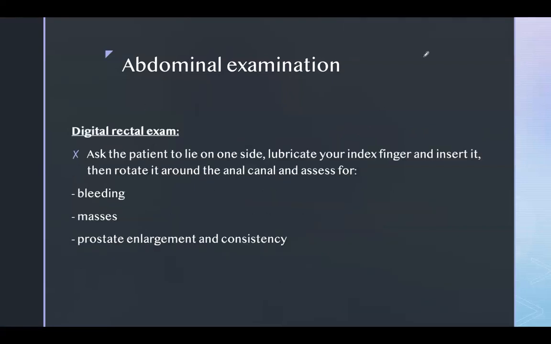Finally, for the digital rectal exam that you have to end your abdominal exam with, it's a very important step. Don't forget it. You would do it with only one finger. Wear your gloves, lubricate your index finger, and insert it while your patient is lying on one side, in a left lateral decubitus position. Then try to take a turn and feel all the walls of the rectum and check for bleeding and any masses felt when you palpate.